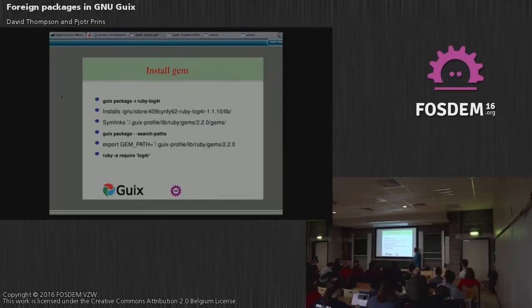When one user on your system types guix package --install ruby-log4r, it will also automatically create the symlink. So in the default Guix profile, lib/ruby/gems/2.2.0/gems, it will link to this library.